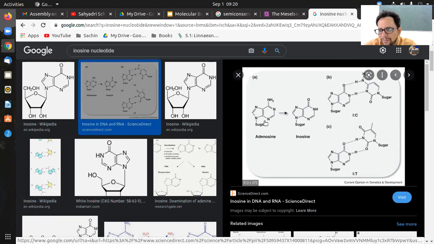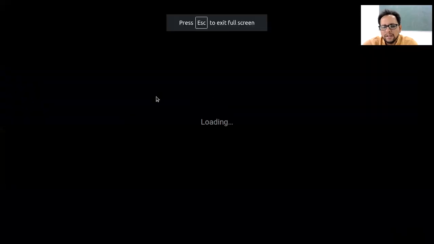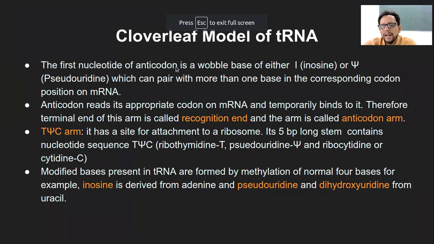You can see here adenosine has this NH2 and inosine has this double bond O. So that is the difference between the two. It is still a purine base. So the first nucleotide of the anticodon is a wobble base. It can be either inosine or pseudouridine.